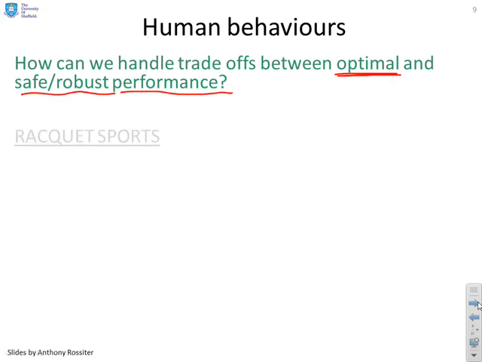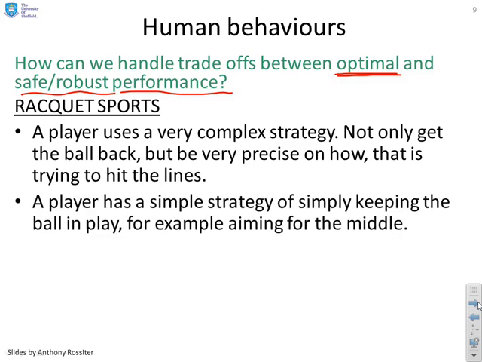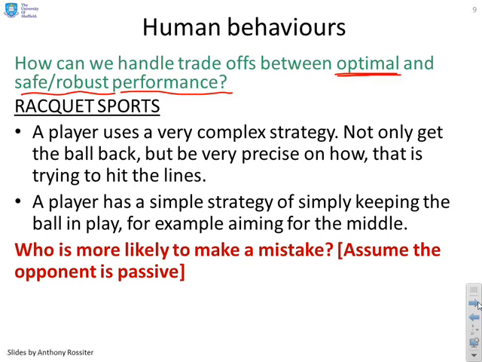What next? How do we handle trade-offs between optimal behaviour and safe or robust performance? And you'll see this is quite similar. So again, if we use the analogy of a racket sport, a player might use a very complex strategy, not only getting the ball back but being very precise on how, trying to hit the lines and the corners, etc. Another player might have a much simpler strategy of simply keeping the ball in play, for example aiming for the middle. Now, who's more likely to make a mistake?